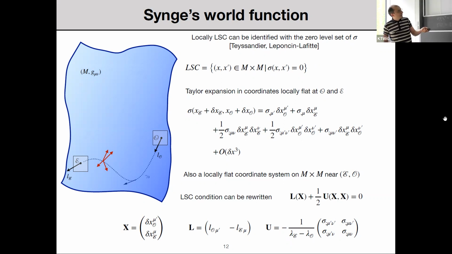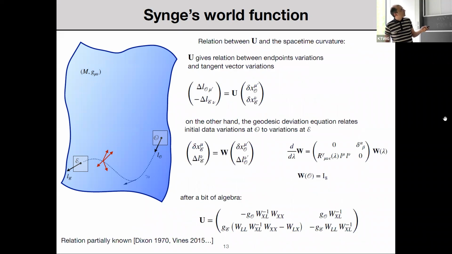Now we have to look at how this thing is related to curvature. Well, you can relate it to the curvature if you notice something very interesting. So this Hessian of the world function, it is very well known. It gives basically the relation between small displacements of the initial point of a geodesic here and there, delta xo, delta xe, and the variations of the tangent vectors here and there, delta lo and delta le.